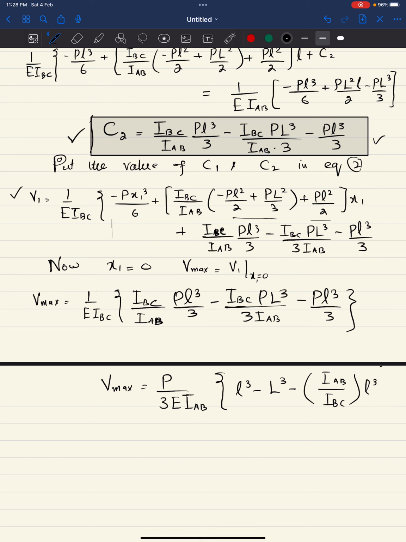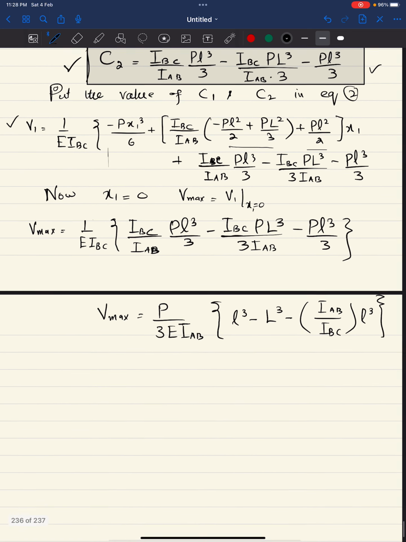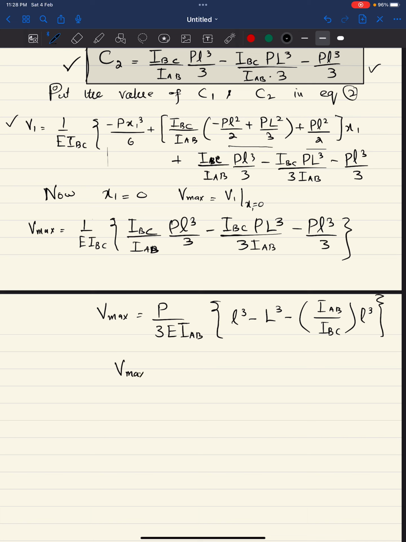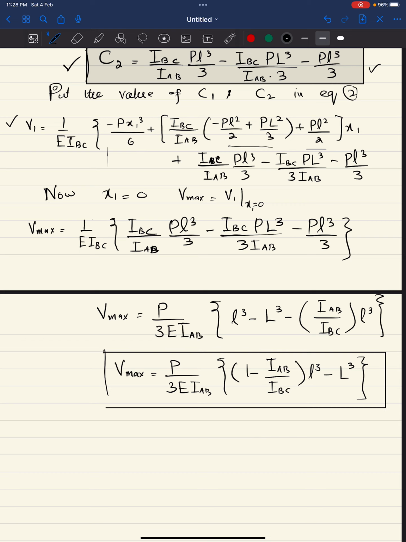You will try it by yourself so that you can easily learn. So when you solve it, the final maximum deflection will be equal to P over 3E IAB into 1 minus IAB over IBC into small l cube minus capital L cube. So this is the value of maximum deflection of the beam. If you have the value of P, E, IAB, IBC, small l and capital L, you can just put it in this formula to get Vmax.